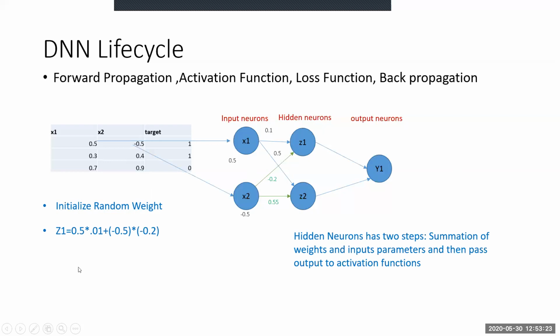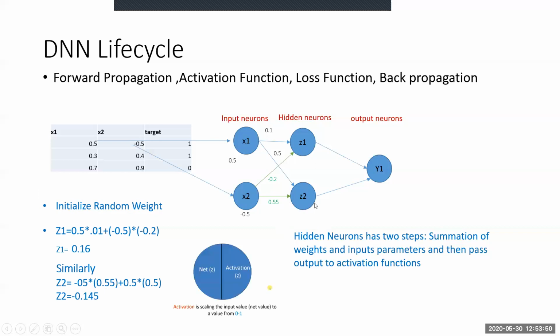Similarly, if you see over here, this 0.5 into 0.1 plus this value x2, minus 0.5, into minus 0.2, right? And the value of z1 comes to 0.16. Similarly, for this hidden neuron z2, it would be x1 into this weight plus x2 into this weight, all the incoming arrows associated with z2, right?